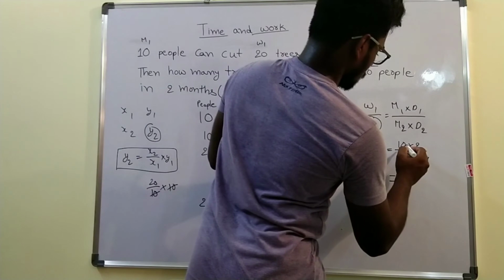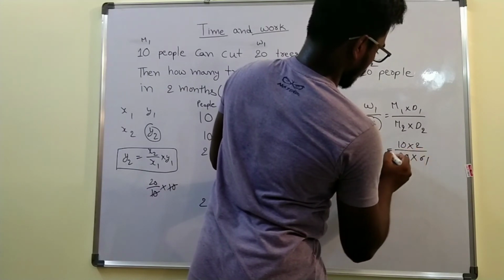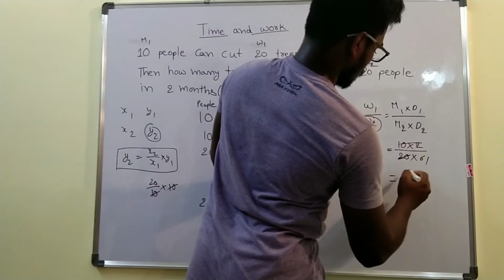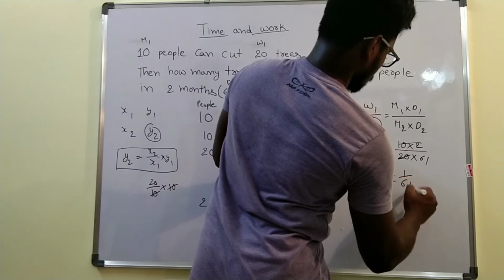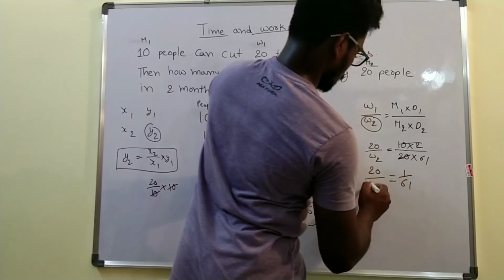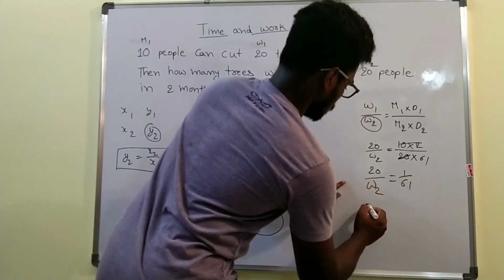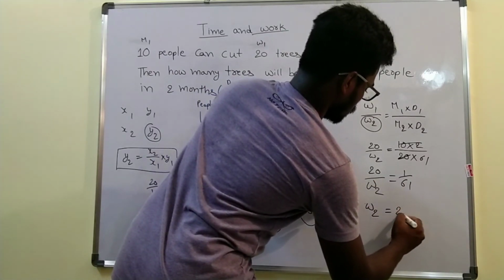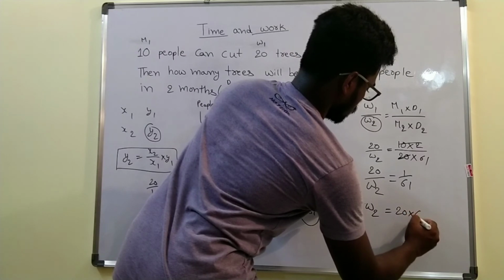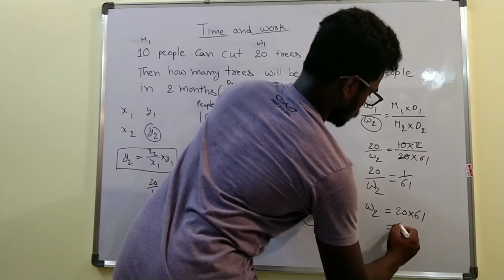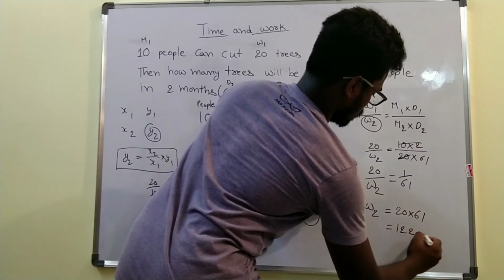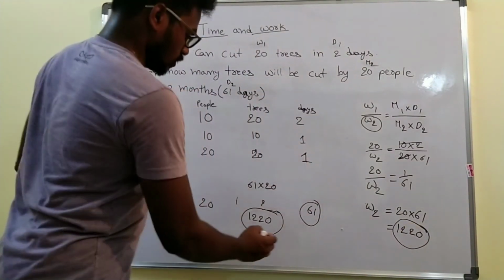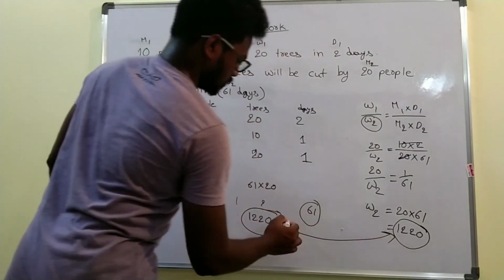So we can find easily: 2 into 10 is 20, we can cut 1 by 61, 20 by W2, and W2 is 61 into 20, which is 1220. So we have got the same answer.